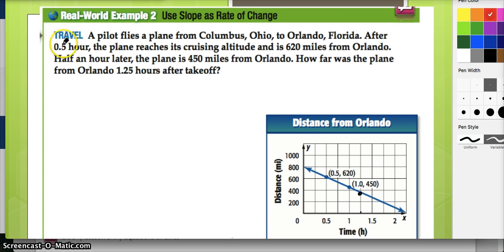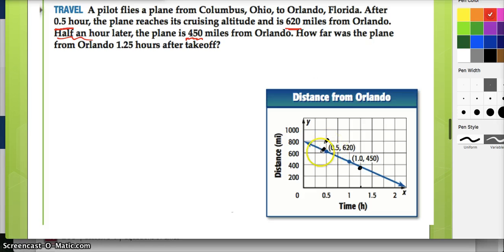And so when I get information like this at 0.5, 620, and a half hour later, 450, these feel like ordered pairs to me. So if you notice over here in our chart or our table, it's given as ordered pairs. Anytime we walk up to a chart, we should always make sure we understand this distance that they're talking about is distance from Orlando.